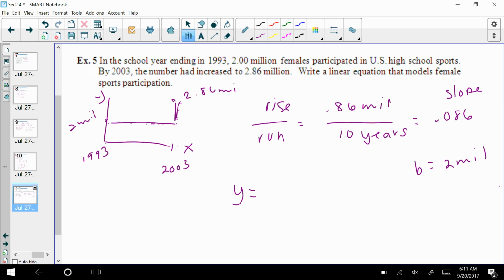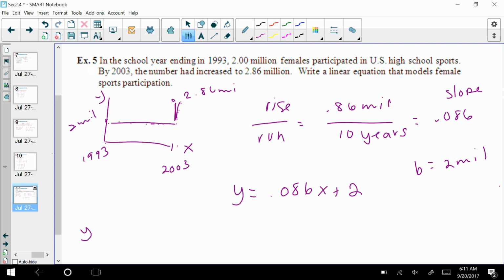So our y equals our slope, 0.086x, plus our b, our y-intercept, which is what we started with, 2 million. And we're just going to leave this in millions.